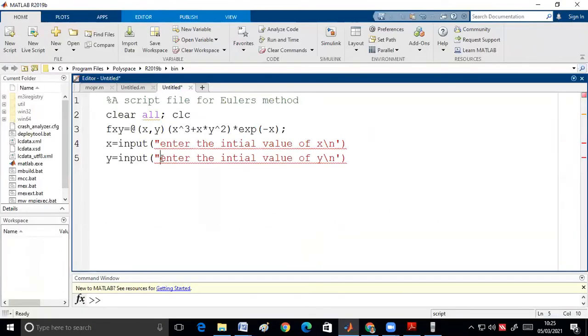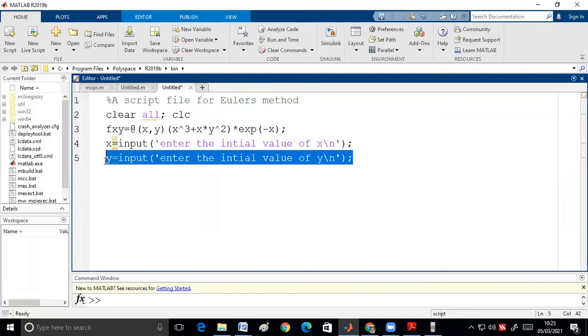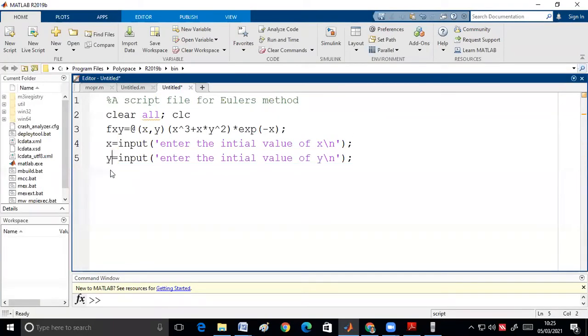This is single quotes, not double quotes. Semicolon at the end. H value, step length.